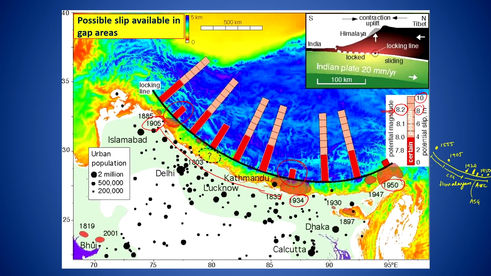Now, how far this is true is a major question, one of the main questions we can ask. The question we can frame is whether the 1905 earthquake, for example Kangra, was triggered by the Himalayan frontal fault, because in the previous slide we saw that there are multiple fault systems.